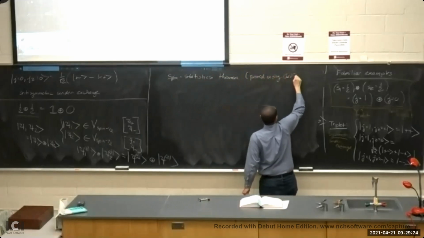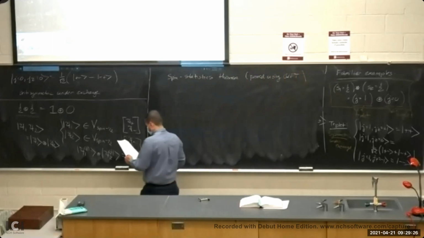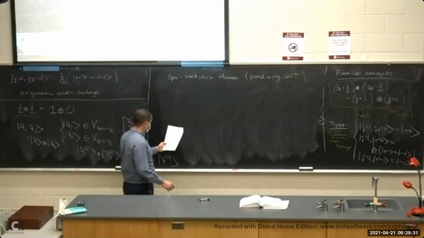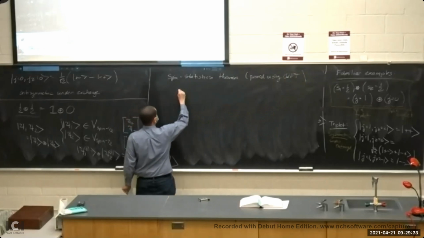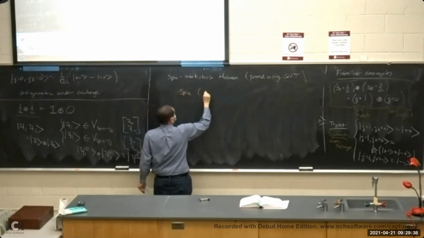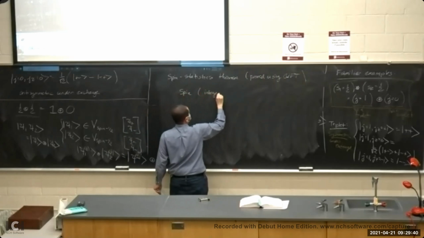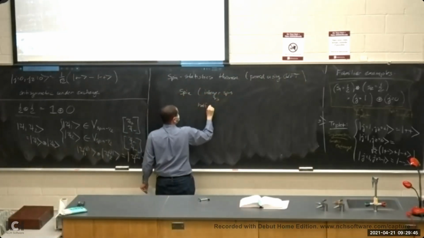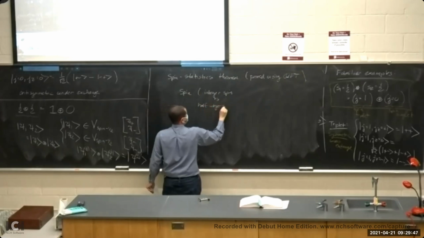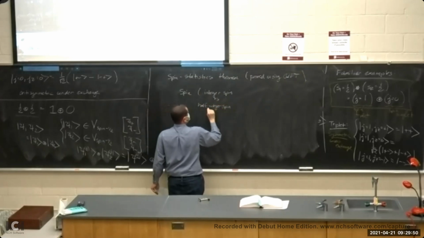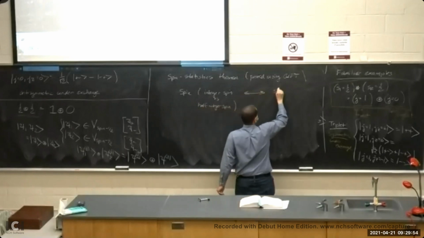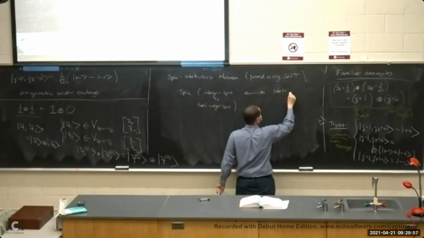Proved using quantum field theory. The theorem is very simple to state, even though it's not so straightforward to prove. This is simply the correspondence that there is a link between the spin, so having integer spin versus half integer spin, maps 1-to-1 onto these statistics, which is the symmetry or anti-symmetry of the particles.